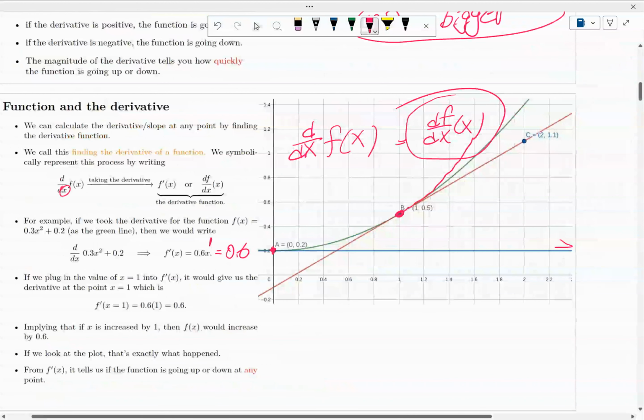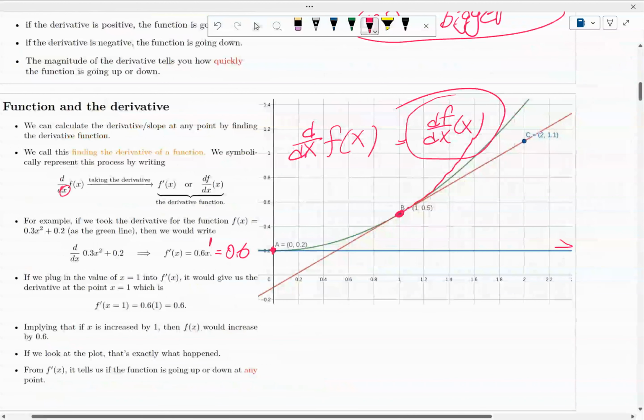What does that mean? Let's say you have 1. If you increase x by 1, so from 1 to 2, it's saying that it's going to increase in the y direction by 0.6.